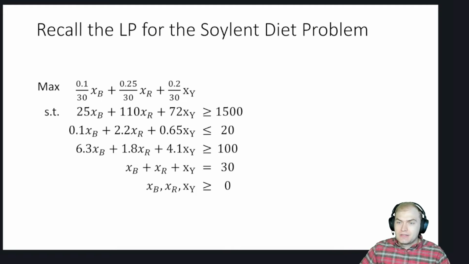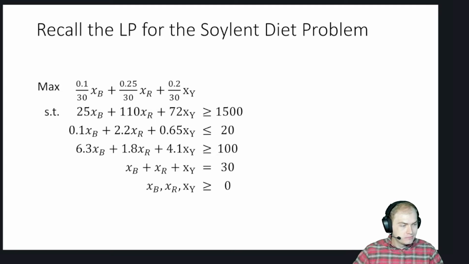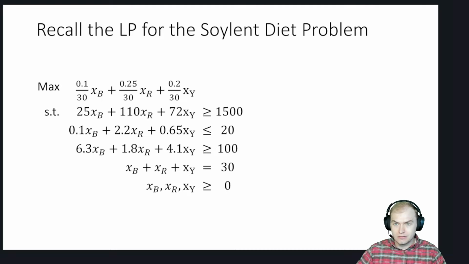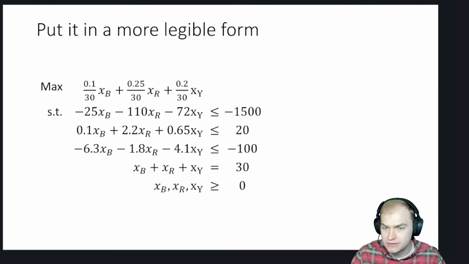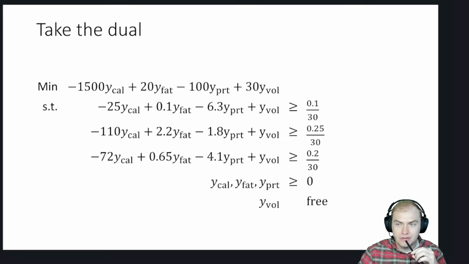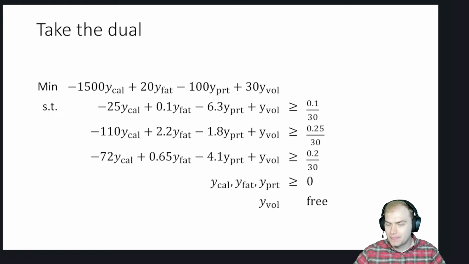So we're going to look at the Soylent diet problem again. This is our LP for that problem. All I've done is change the direction of two of the constraints by multiplying by -1 so that the dual is a little easier to see. And then I took the dual of it. Remember that each dual variable corresponds to one of the constraints in the primal.